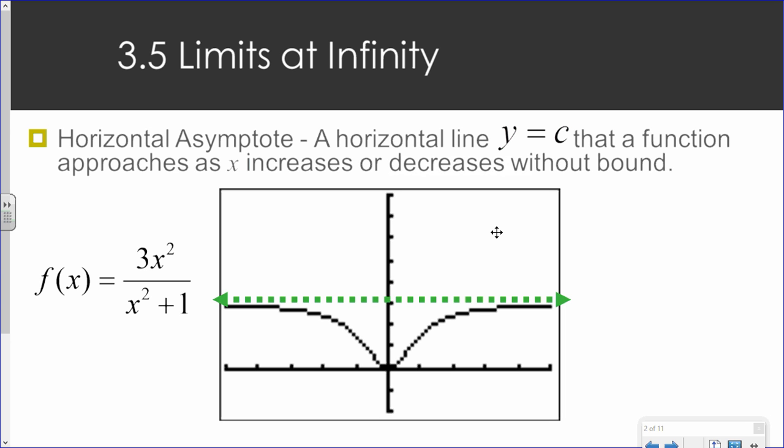Okay, so the first thing we need to talk about before we can even talk about limits are horizontal asymptotes. Horizontal asymptotes describe the behavior towards infinity or towards negative infinity. Probably going to be important when we're talking about limits in that direction.